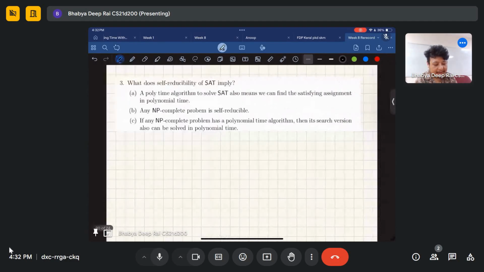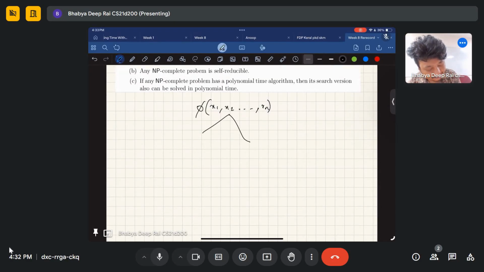Okay. Now self reducibility in SAT. What is self reducibility? You can solve the problem with smaller instances of the same problem. For example, you have an input phi and x1 to xn, and here is an algorithm.